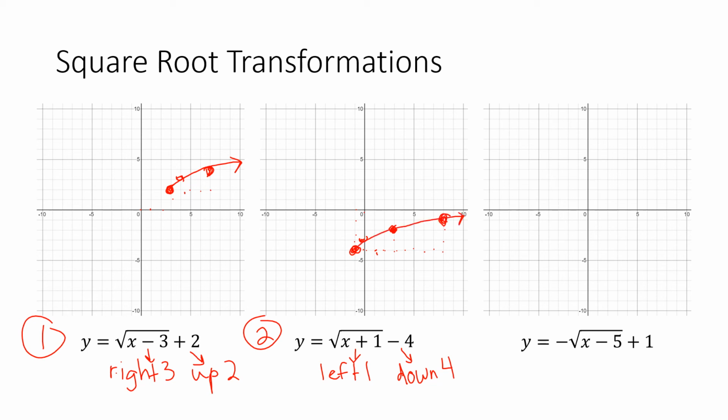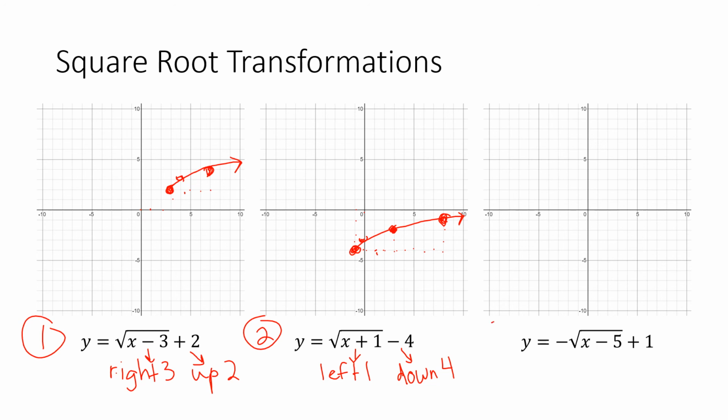If I had room, I'd keep going. The next point would be over 16, up 4, because the square root of 16 is 4. So you're just following that square root pattern, but starting in a different location. Whichever way it shifted, that's where you begin your graph.